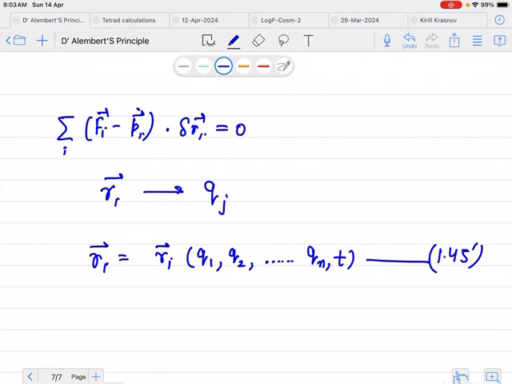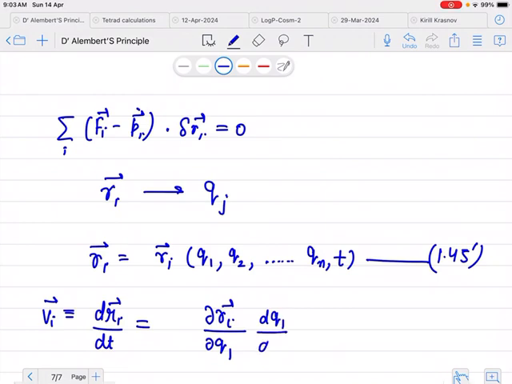So we can express Vi with the help of the chain rule. dRi by dt, we can write down as del Ri over del Q1 and del Q1 over del T plus second term plus third term and so on plus del Ri over del T, last term.